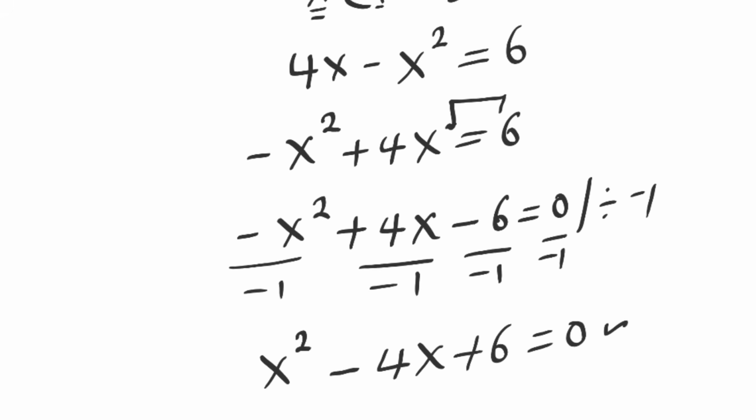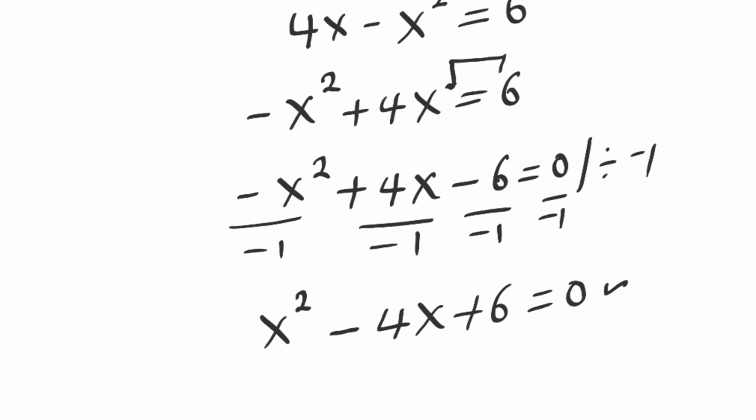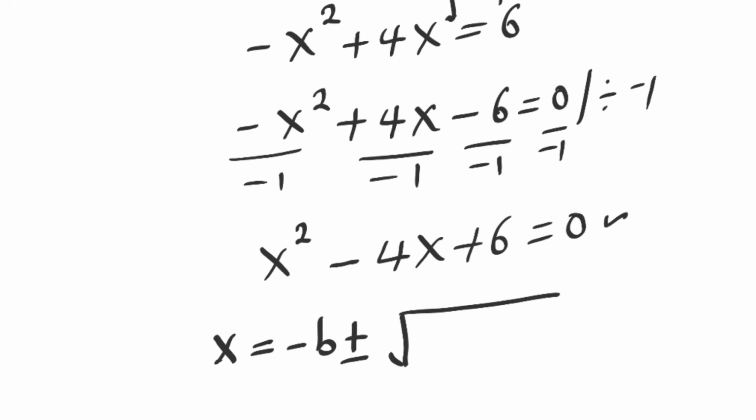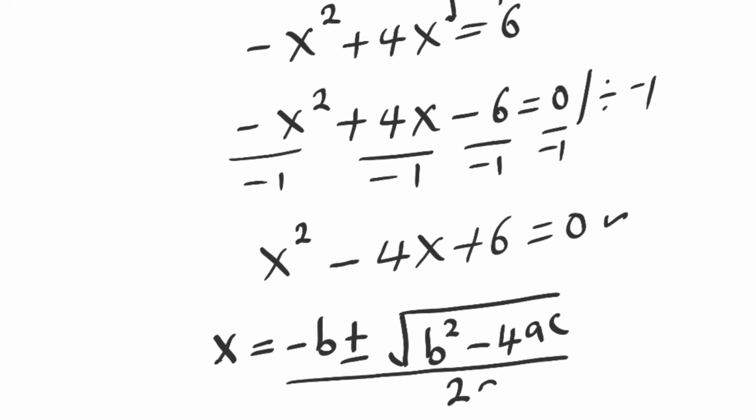This is a quadratic equation which can be solved using the quadratic general formula. The quadratic general formula is given as x is equal to minus b plus or minus square root of b squared minus 4ac over 2a.